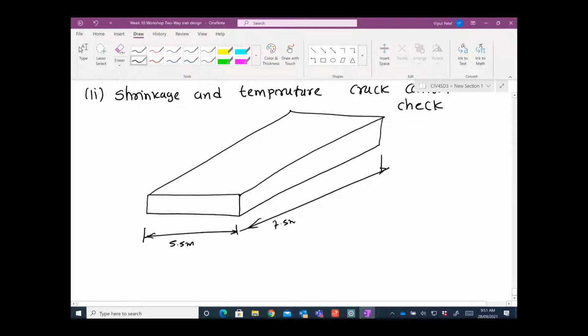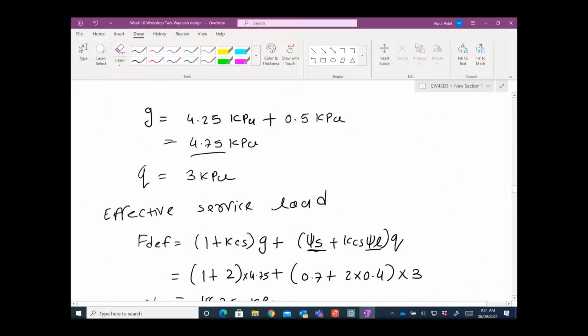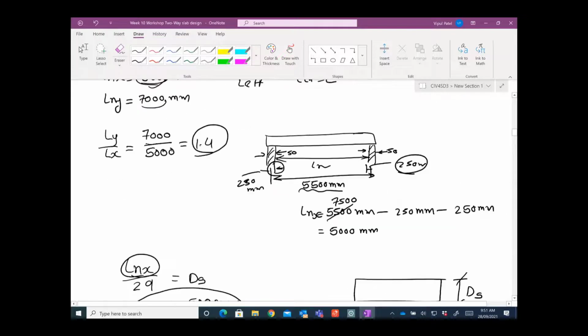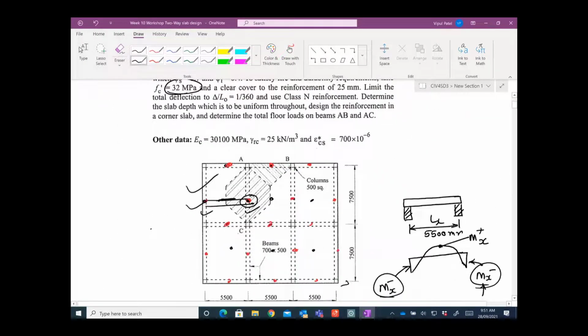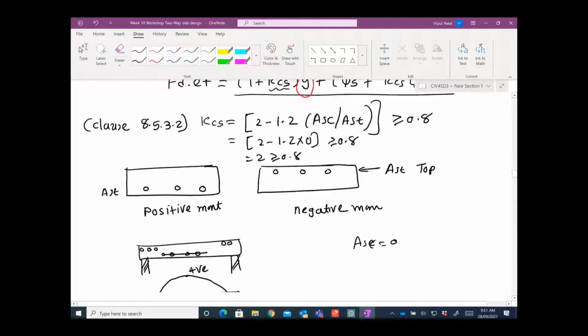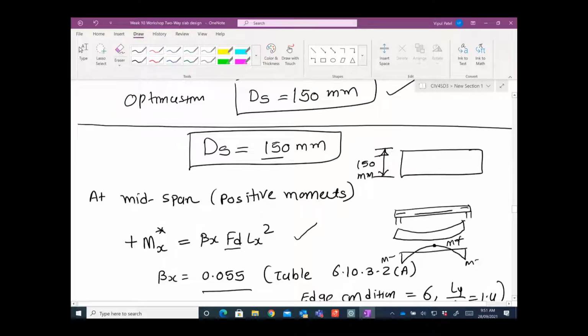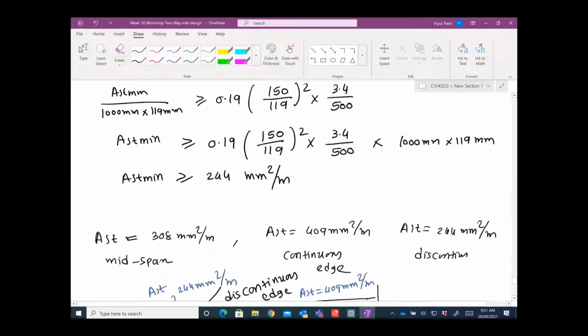That is given in our example. This is a corner panel, but this exercise can be followed for any panel. So here you have 5.5 meters and 7.5 meters, that's what I drew, and the thickness is 150 millimeters, let me put the thickness as well. I'm just pointing out the primary and secondary directions.